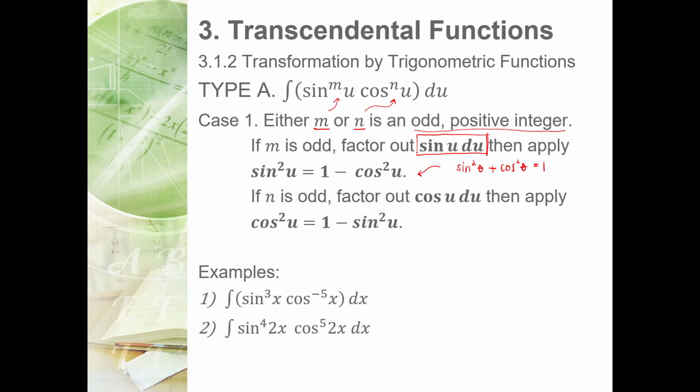Next, if the cosine function has an odd exponent, this time you need to factor out cosine u du and then apply this Pythagorean identity equation, which is cosine squared u is equal to 1 minus sine squared u.